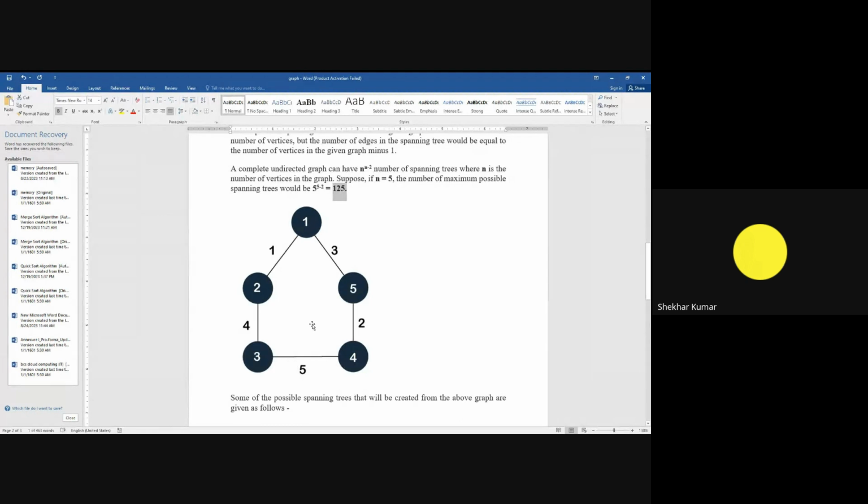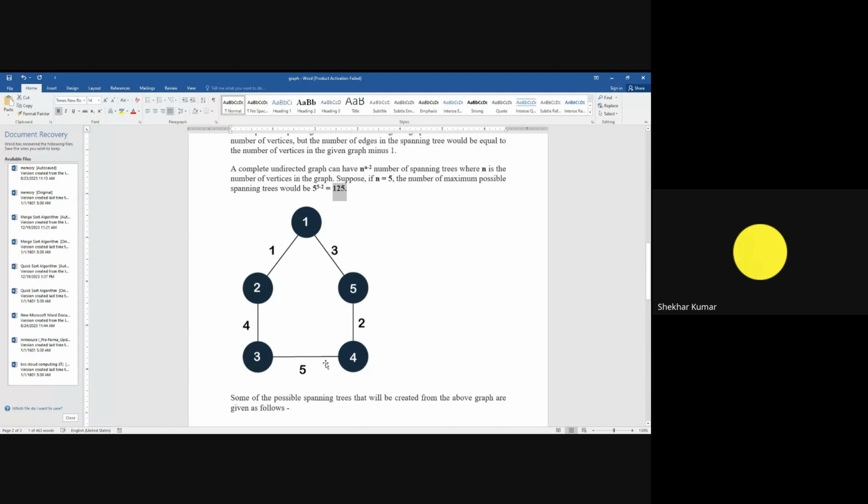So I have this spanning tree in which I have excluded this edge, and the cost will be 4 plus 1 plus 3 plus 2. That will be your 10. That cost will be 10.